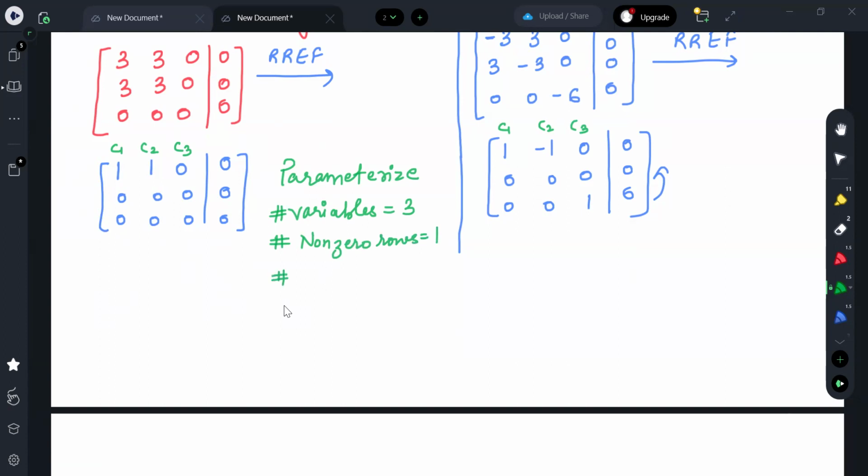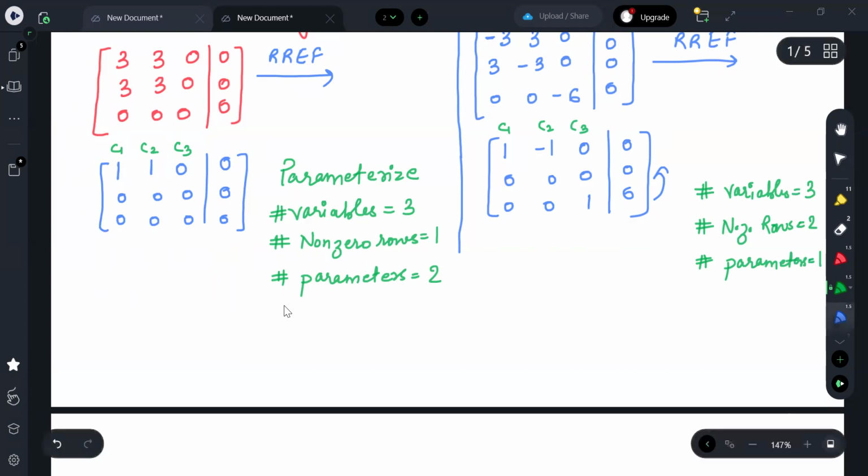That gives me the number of free variables, aka parameters, will be 3 minus 1, 2 for this case. Same thing here. Number of variables is 3. Number of non-zero rows is 2. Number of parameters will be 3 minus 2, 1 in this case.